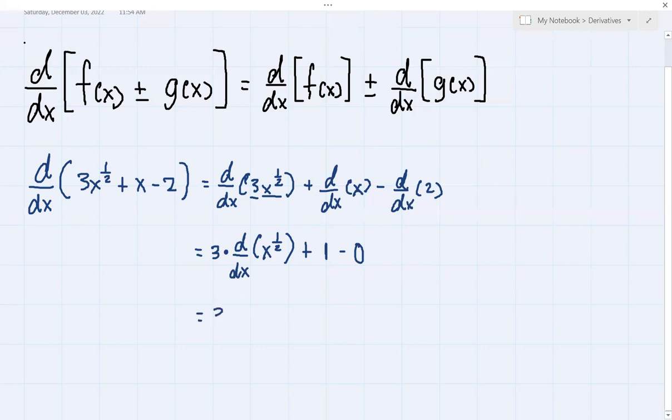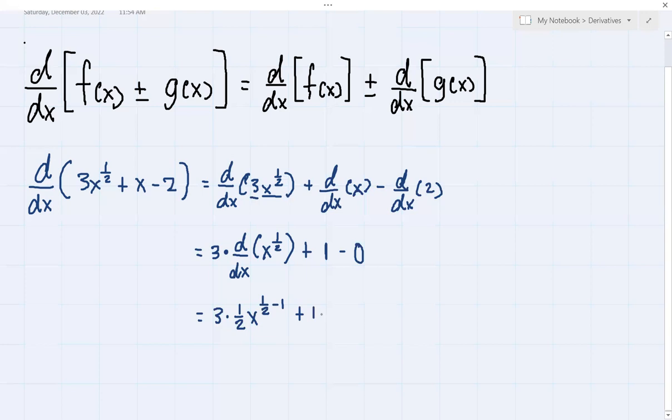Ngayon, dito tayo sa derivative ng x raised to 1 half. So, ito, meron tayong exponent na fraction. Okay? Pero, the same rule lang naman. Okay? It's the same rule. Okay? Una, copy the exponent, then copy the given, then yung sa exponent part, i-subtract mo ng 1.